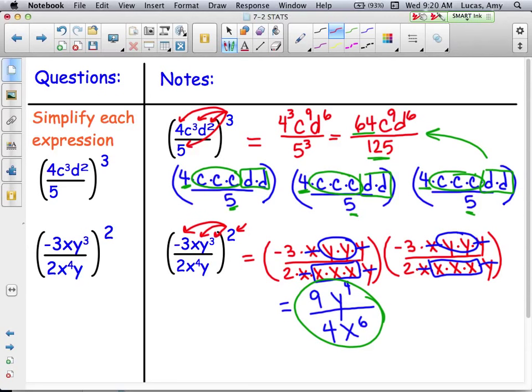If I instead wanted to distribute up here, I am going to have to distribute this to 6 different things. So take a look at what that means. If I distribute, the negative number I had to put in parentheses because it makes a difference. Okay? Then if I was going to try and do some subtracting with my exponents and do some reducing, well, negative 3 squared is 9.